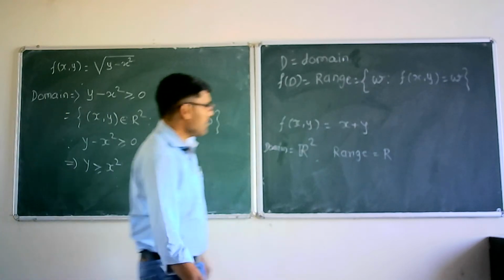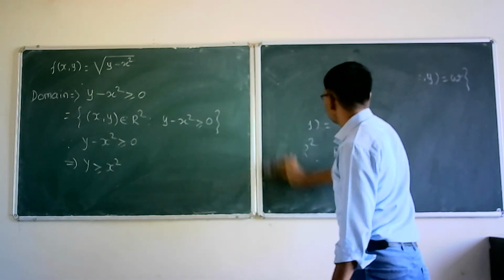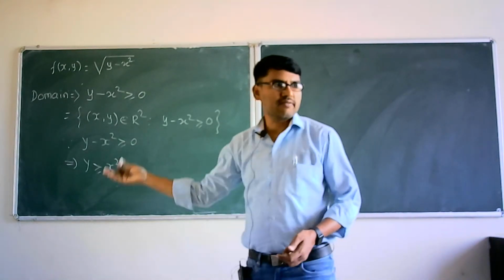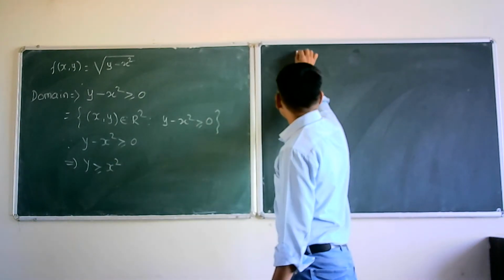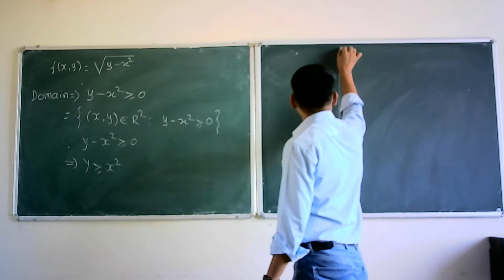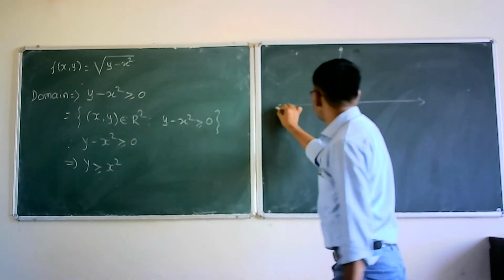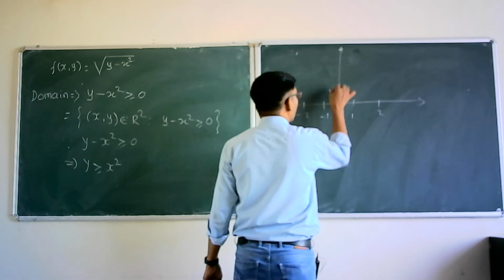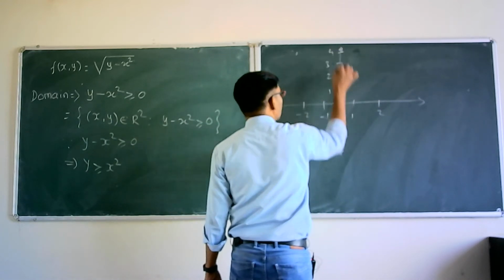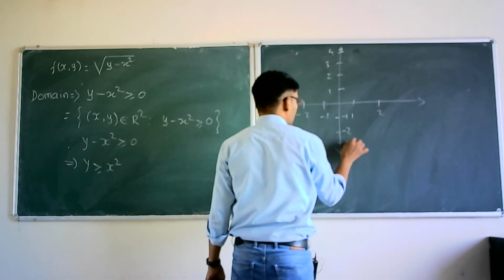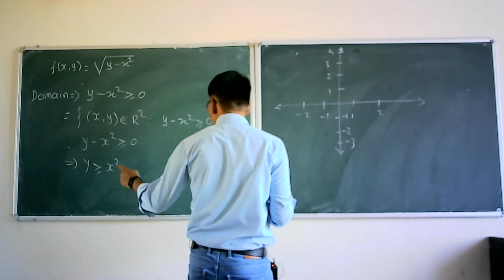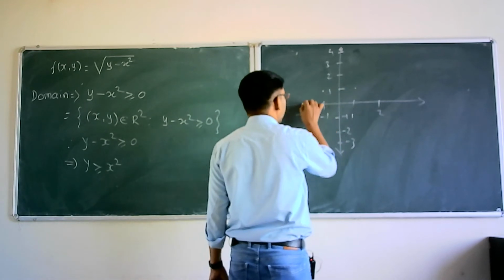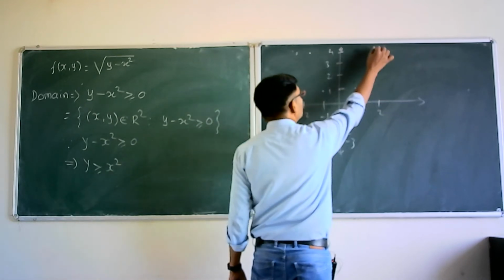If you draw this graph, all of you know that y equal to x square is the equation of a parabola. If x is 1, y is 1; x is minus 1, y is 1; x is 2, y is 4; x is minus 2, y is 4.